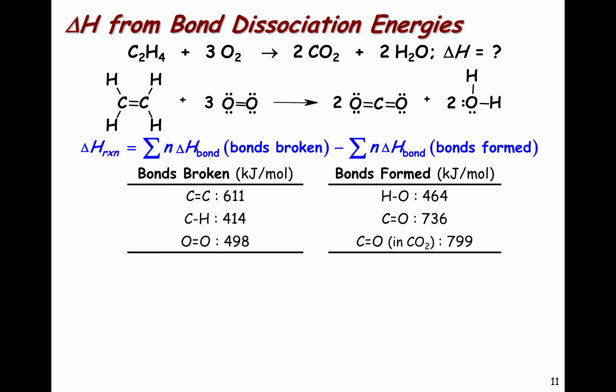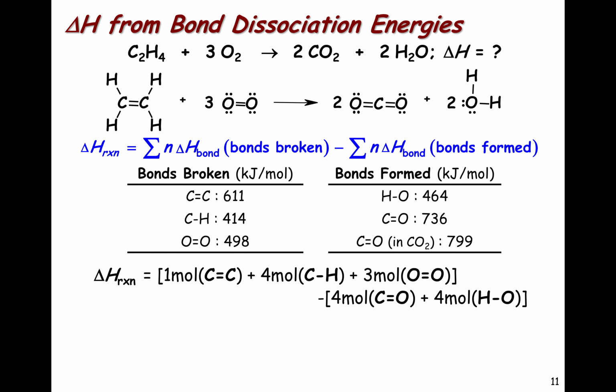On the other side, we're forming OH bonds, which are 464, and carbon-oxygen double bonds, which are 736, but in the CO2 molecule the carbon-oxygen double bonds are slightly more energy, so we're going to be using the 799.